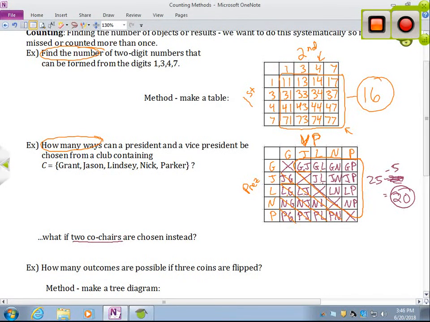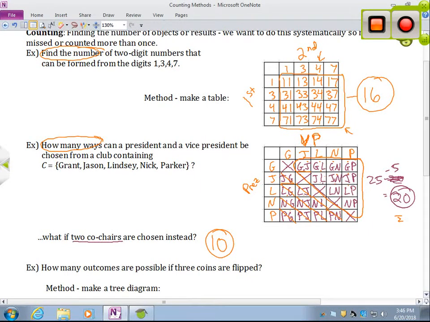So we don't want to count Nick Lindsay and Lindsay Nick as 2 different outcomes. So now we can either take 20 and divide it by 2 because we know we just got rid of half of our outcomes, or we could recount what's in here. 1, 2, 3, 4, 5, 6, 7, 8, 9, 10. And we see 10 outcomes if we're talking about co-chairs instead.